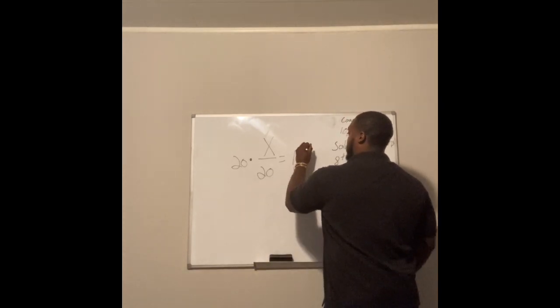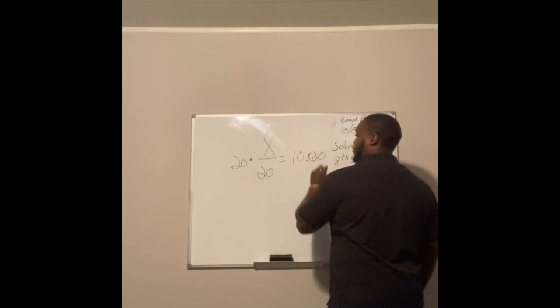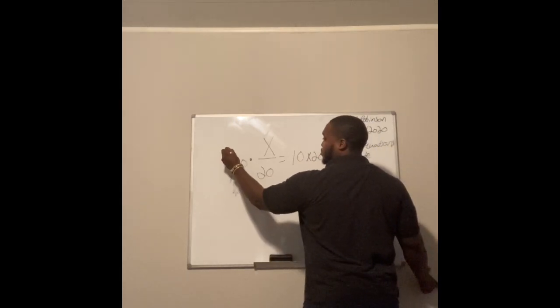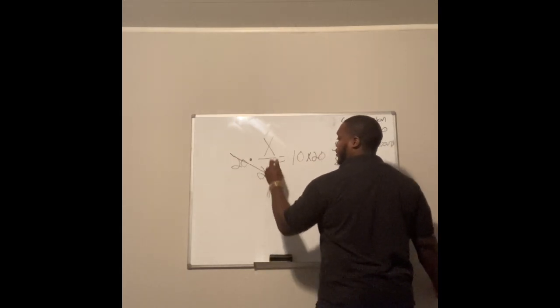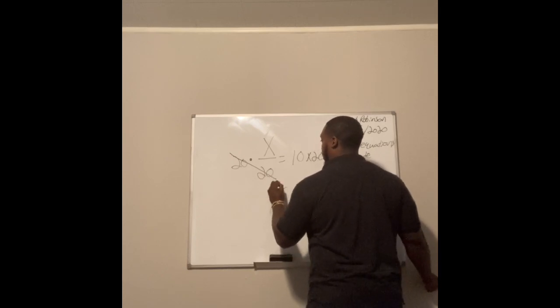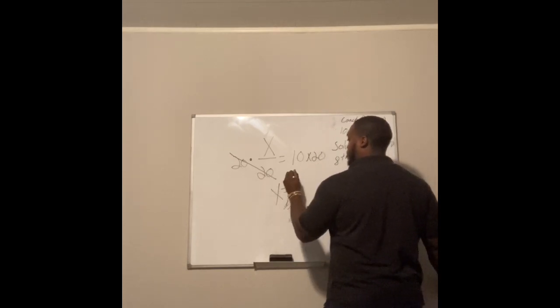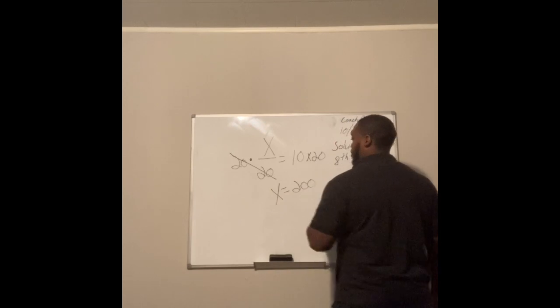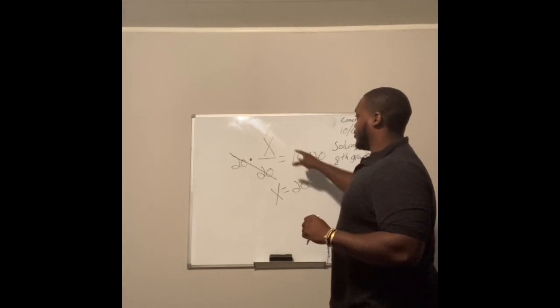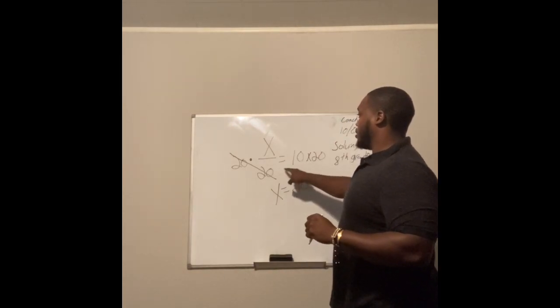So we have to times 10 by 20 as well. The 20s will cancel out, leaving our variable isolated. X will equal 10 times 20, which is 200. And if I plug in 200 for the variable x and divide by 20, I should still get 10.